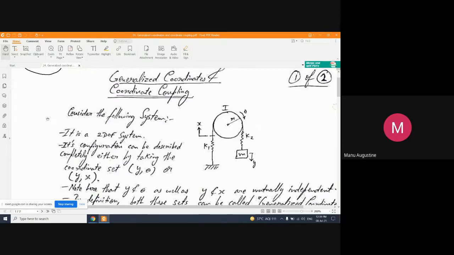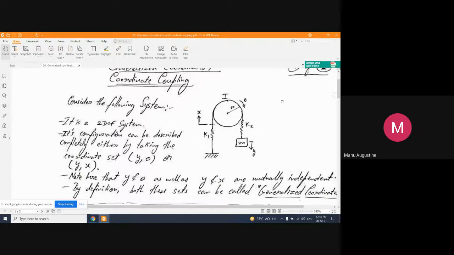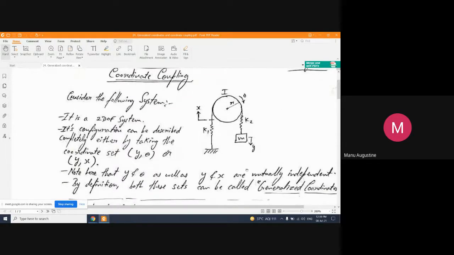Now, the reason for this will be clear when we take this specific example, which I have included in your notes. In order to make you understand the entire concept of these generalized coordinates and coordinate coupling, I have taken one example, although there are multiple examples that can be taken. But in your exams also, you can focus on any one example of your own.